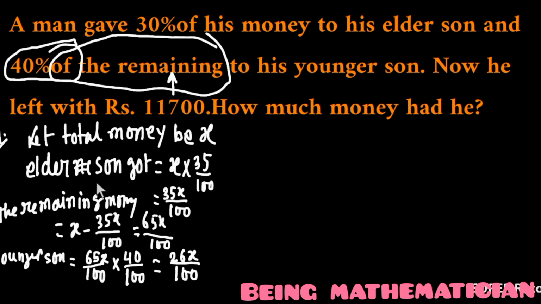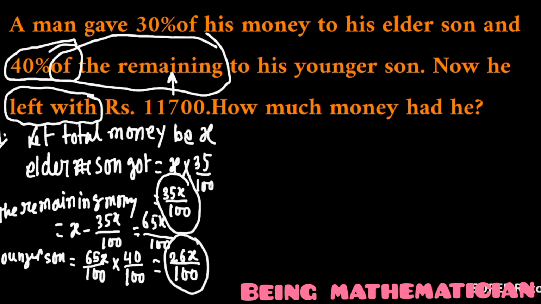And now we observe the words "he is left with". That means here we calculate the remaining money of the man. Elder son got 35X by 100 and younger son 26X by 100.